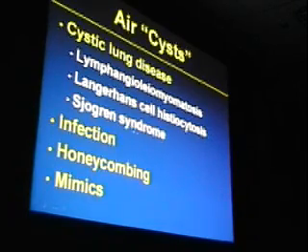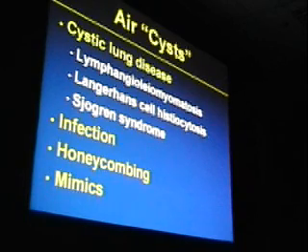We may also see air-filled cysts in patients with Sjogren's syndrome and LIP. That's relatively rare. We may see air-filled cysts in some patients with infection, notably pneumocystis pneumonia. We may see air-filled cysts in patients with honeycomb fibrosis. And we may see what looks like air-filled cysts in patients with a variety of other processes that mimic cystic lung disease, notably bronchiectasis and emphysema.